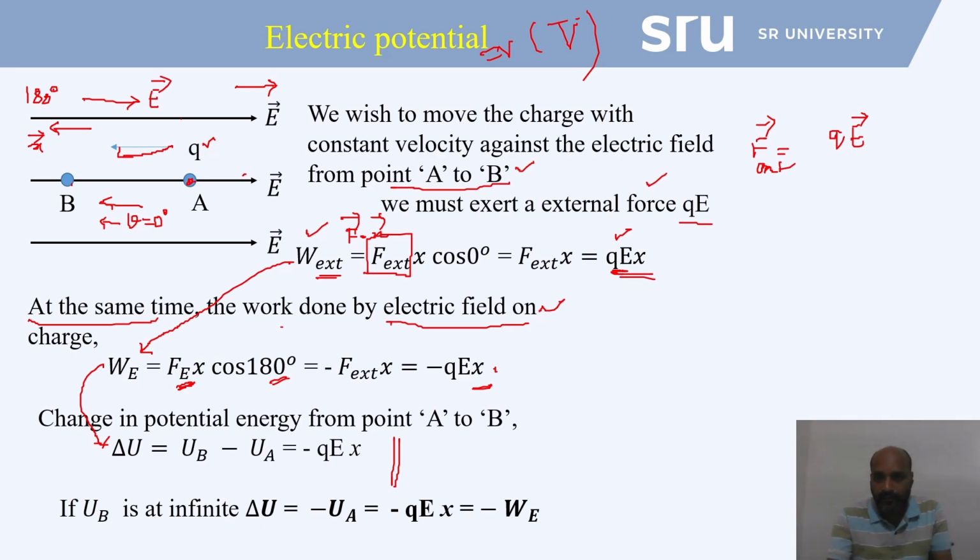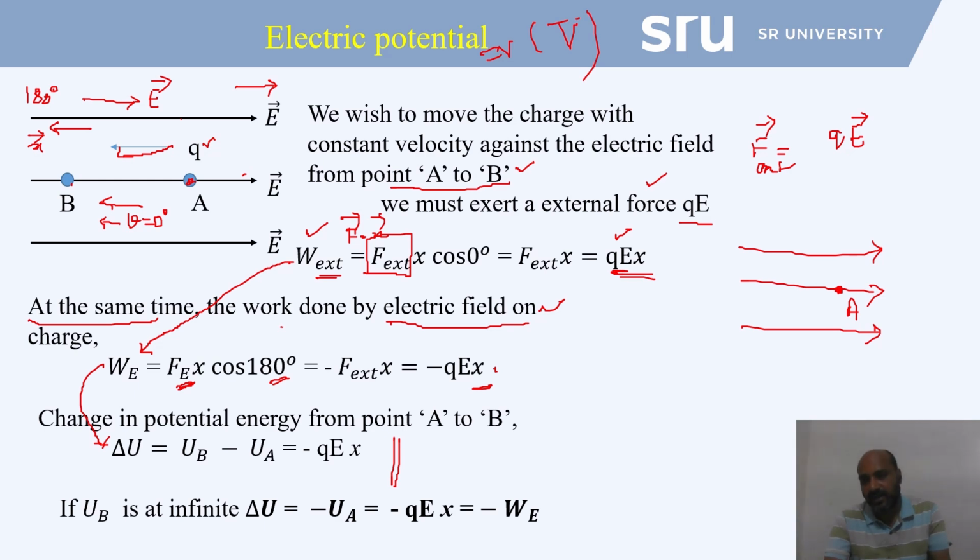So let's say this is the electric field, a constant uniform electric field. So here is the point A. Now let's say initially the charge is at infinite distance. Here infinite means out of the electric field region, anywhere.